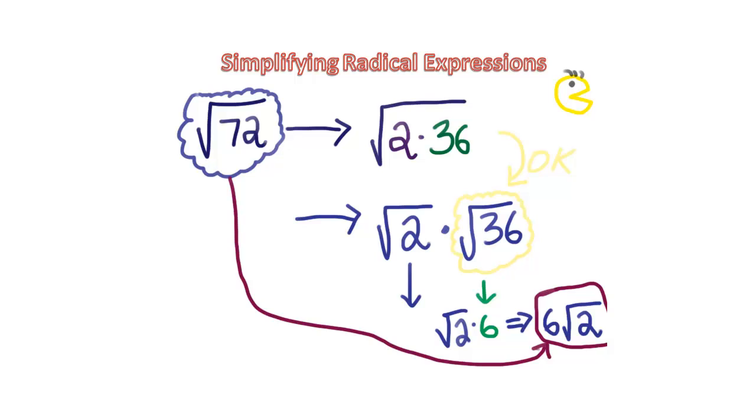Alright, so let's delete that. Now let's try another example. Let's say we have the square root of 48. That looks promising. So now we have to think of what two numbers, when you multiply them, or the product of those two numbers, will give you 48.